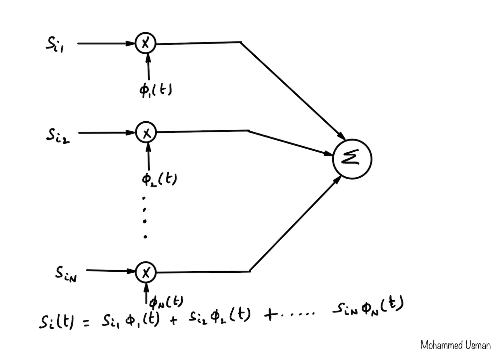So that's basically our summation, and what we get at the output of the summation is our signal Si of t.